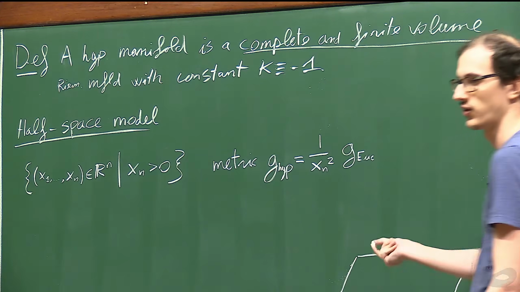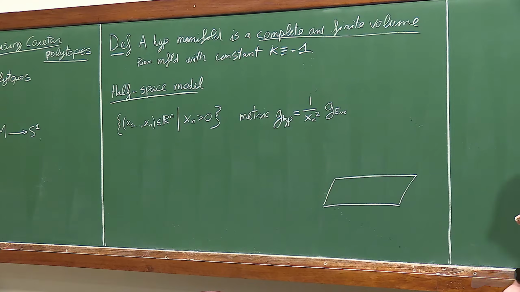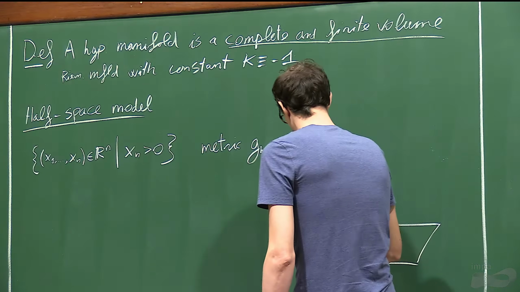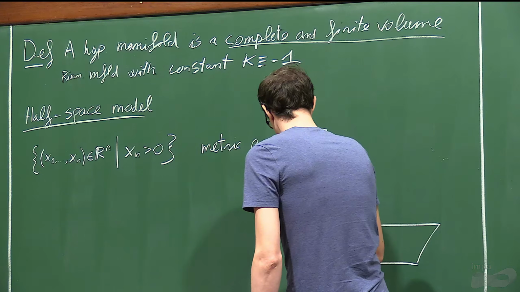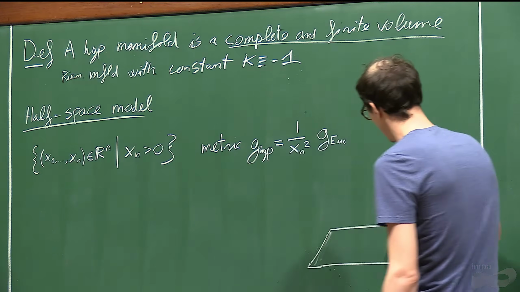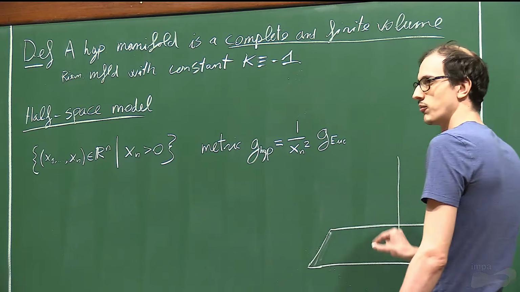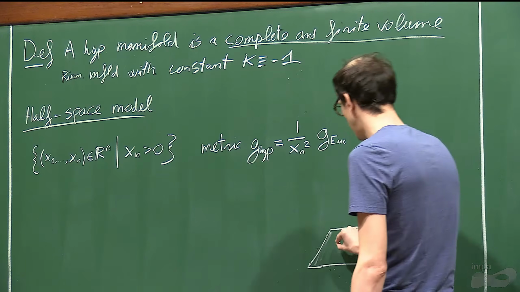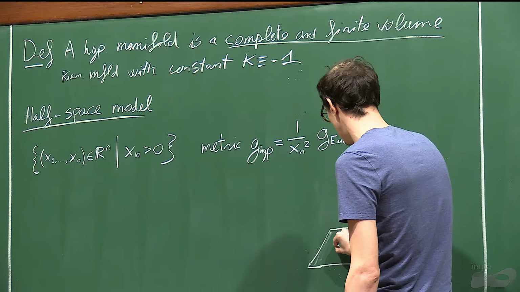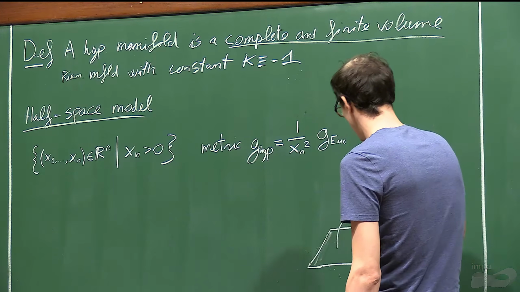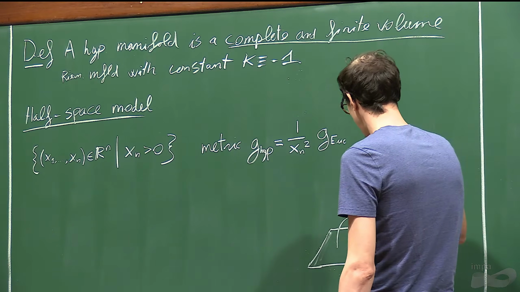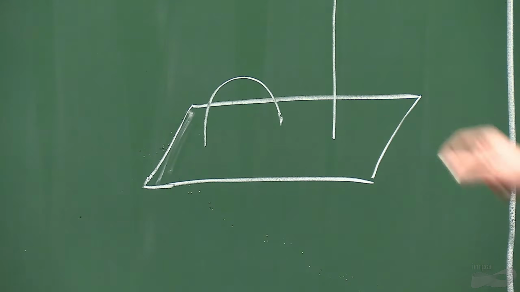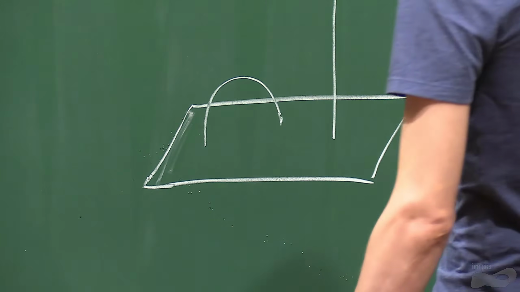We put here a different metric, and for example, here vertical lines are going to be geodesics, but other lines are not going to be geodesics in this model, and geodesics are more something like this, arcs of circumferences that are orthogonal to the boundary.